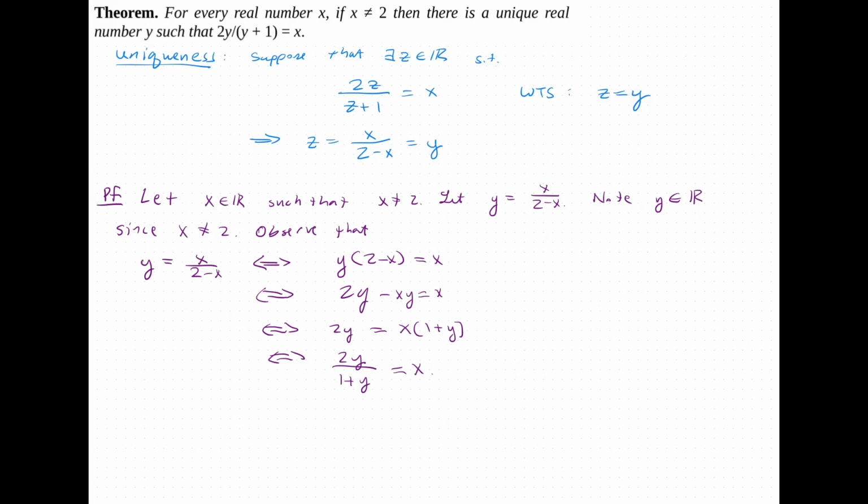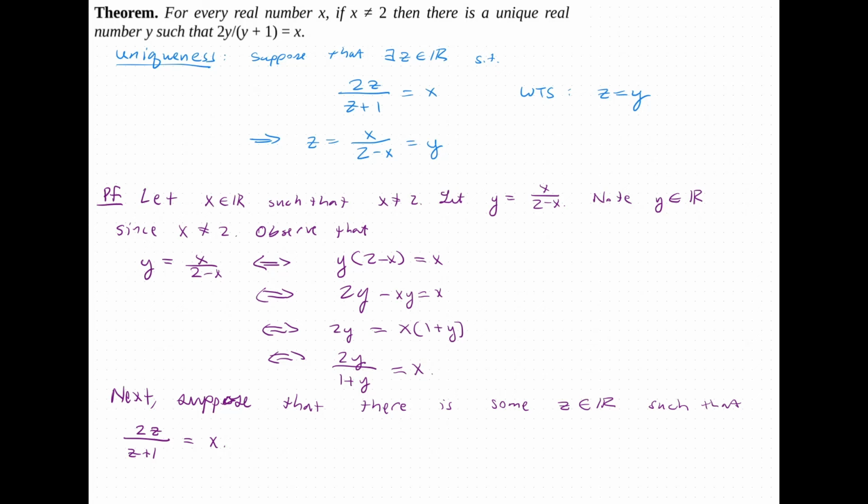For uniqueness, we're going to suppose that there is some z such that 2z over z plus 1 is equal to x.